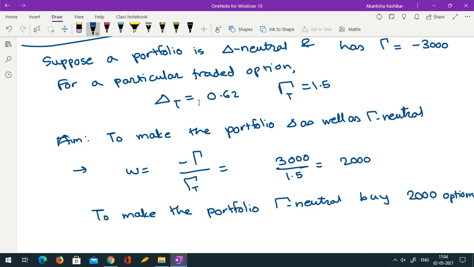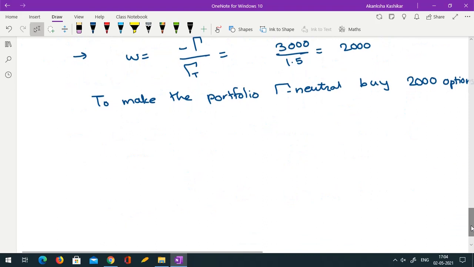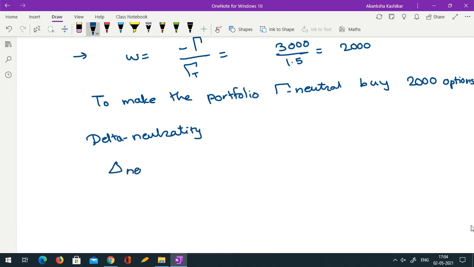Correct? The sign is positive, so buy 2000 options. So the portfolio is now gamma neutral. But the problem is now the delta neutrality might have been disturbed. So we have to maintain delta neutrality. Let us see what the new delta is.